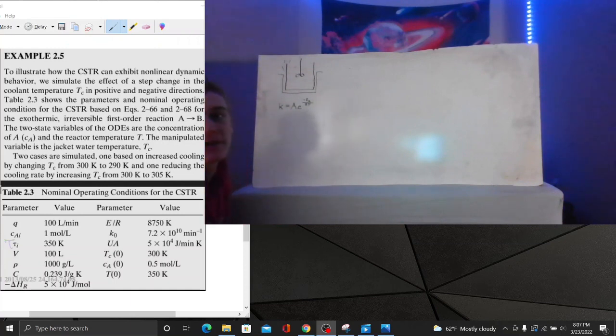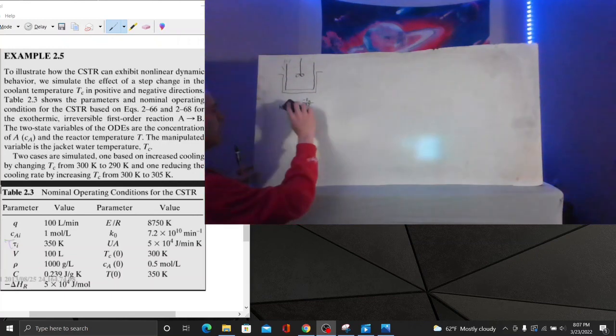And what is different about our situation here is that instead of this being A like the normal Arrhenius equation, it is given to us as k naught.